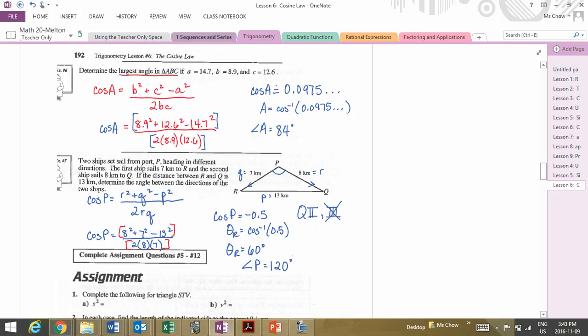What other people have found is if you simply do the inverse cosine of negative 0.5, it will tell you 120 degrees. But it's good for consistency's sake, especially because in some questions I'm actually asking you for all possibilities of the angle. So it's nice to know that if we always take the inverse trig ratio of the positive value, that will give us our reference angle.